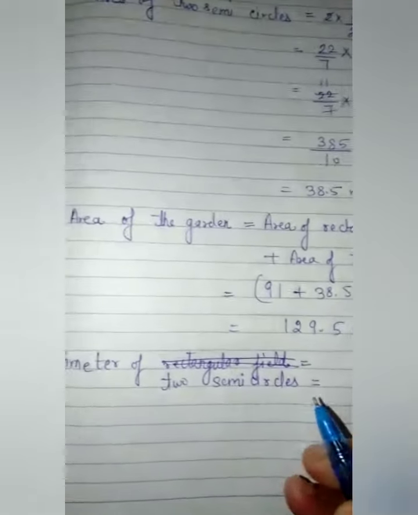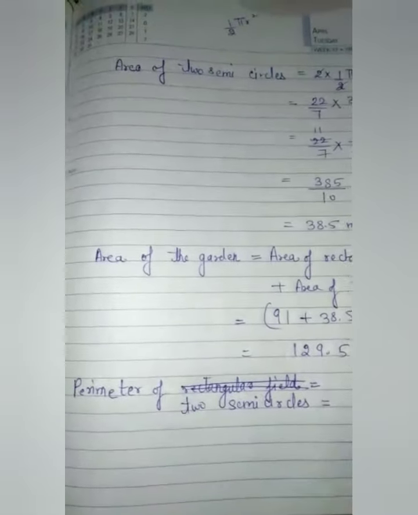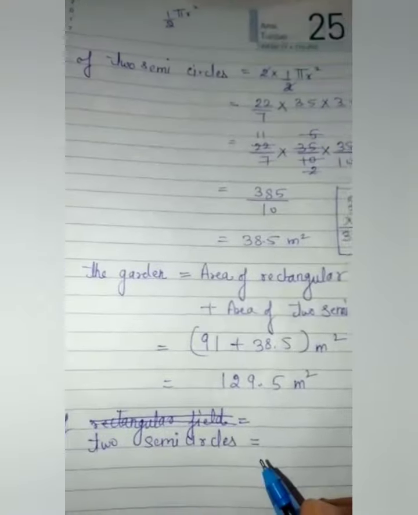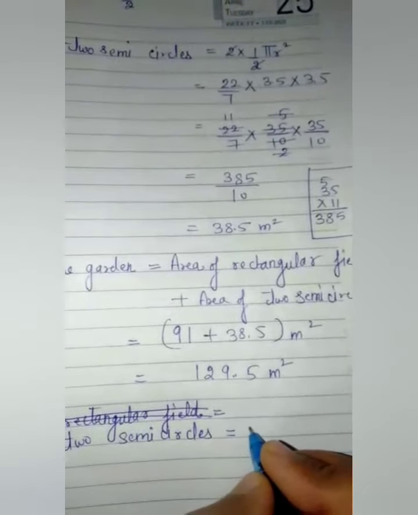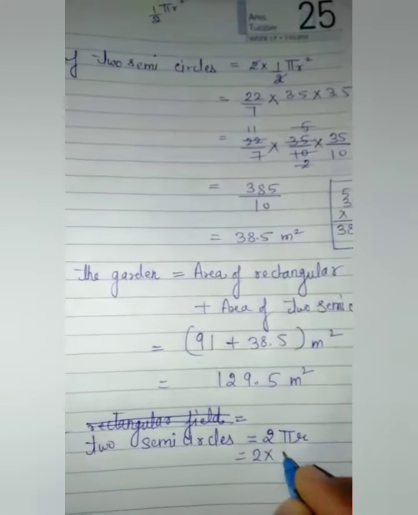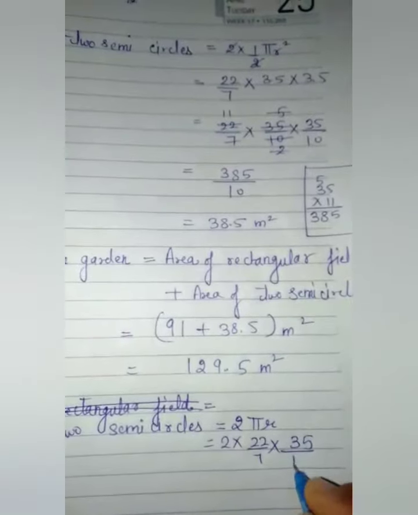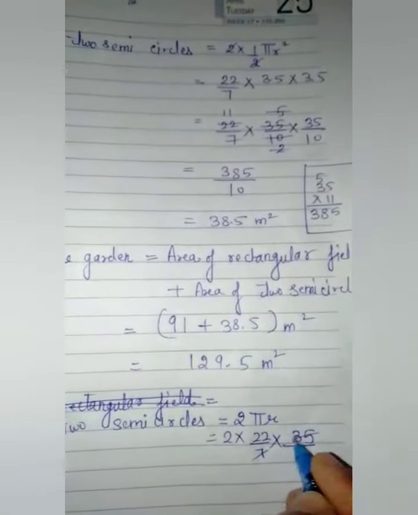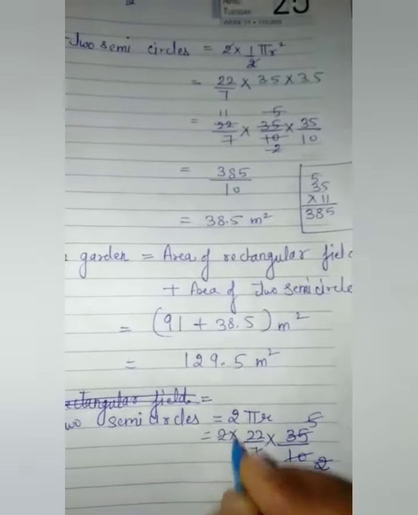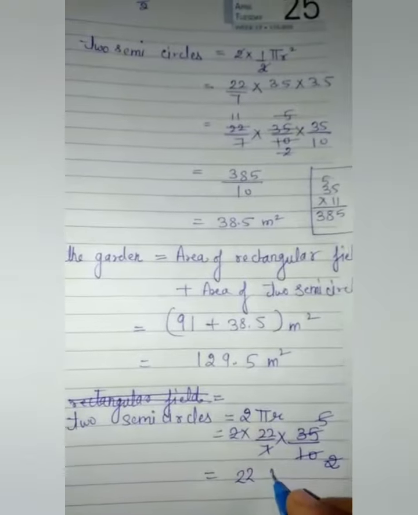As we know, the perimeter or the circumference of a circle is 2 pi r. So for the two semicircles together it will be 2 pi r. 2 into 22 by 7, r is 3.5 or 35 upon 10. 7 5s are 35, 5 2s are 10, 2 1s are 2, and it will give us 22 meters.